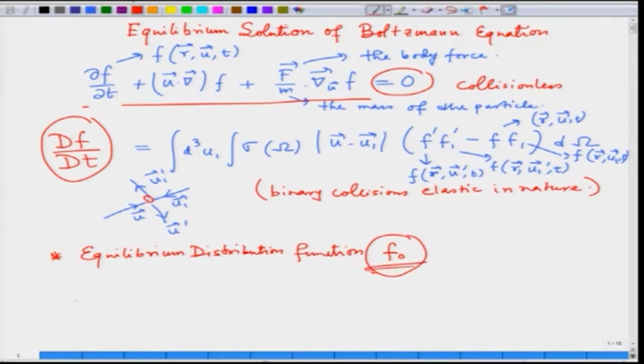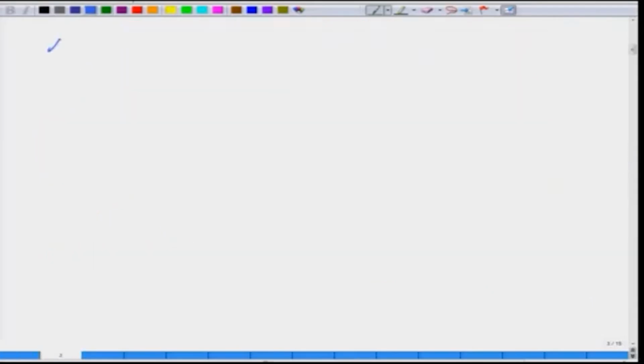Let us consider how to know the functional form of it. Let us assume a gas, a classical gas, or rather an ensemble of molecules.